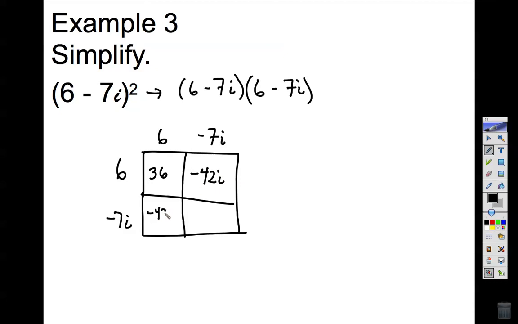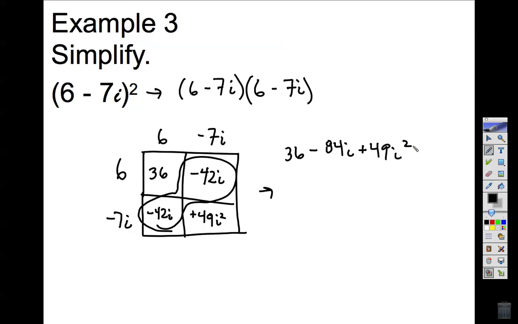Negative 42i. Negative 7i times negative 7i is positive 49i to the second power. As you can see, these two are like terms. So I have 36 minus 84i plus 49i squared.